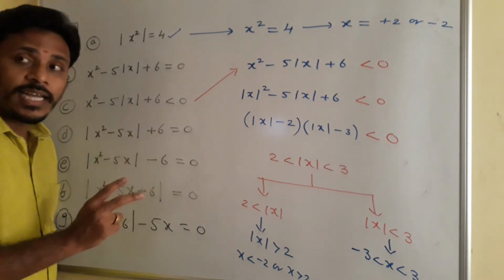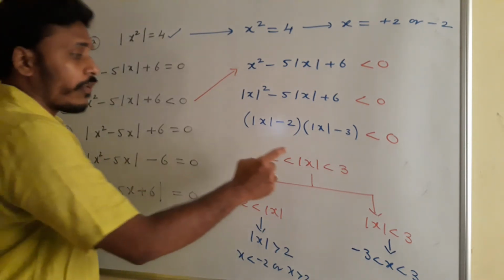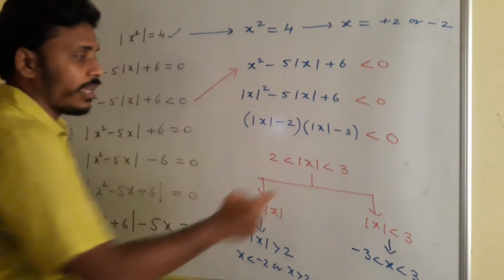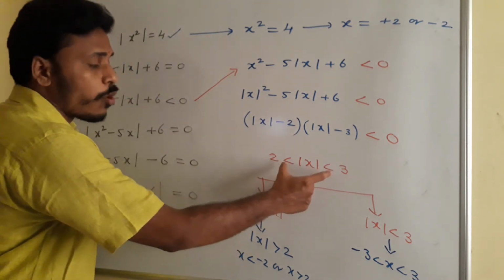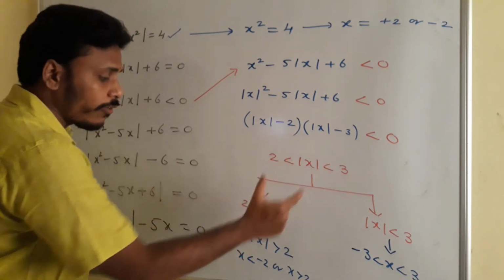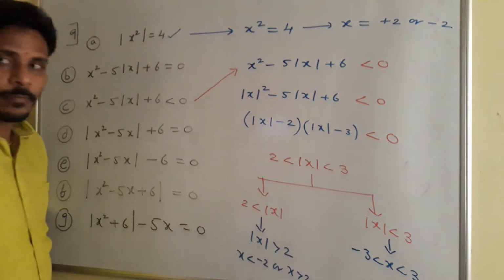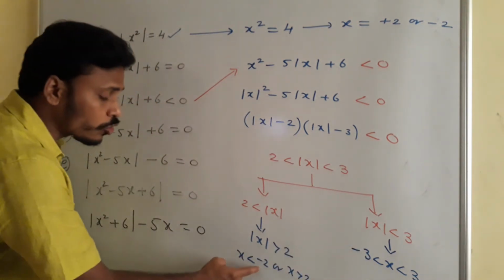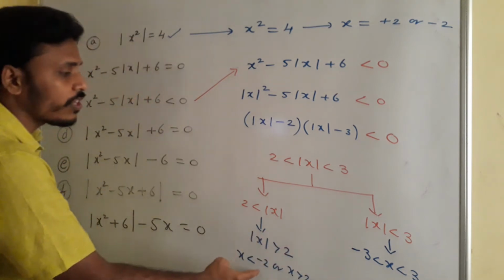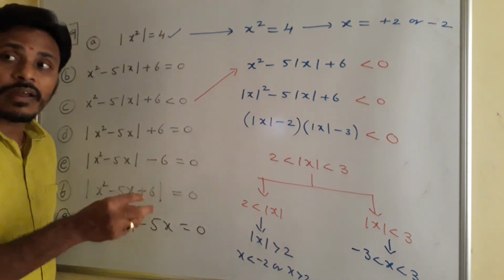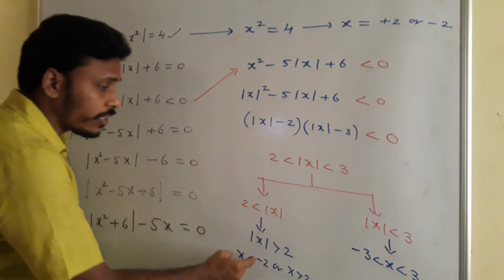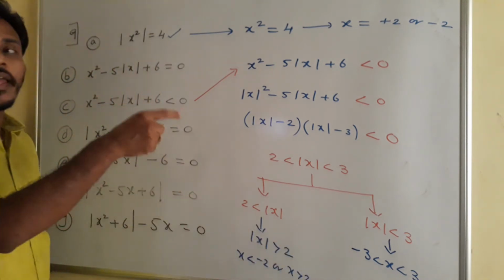But I need 2 less than mod x less than 3, which is true only if both conditions are satisfied. That means we need to choose the common solutions for these two cases. The common values of x is the final solution.